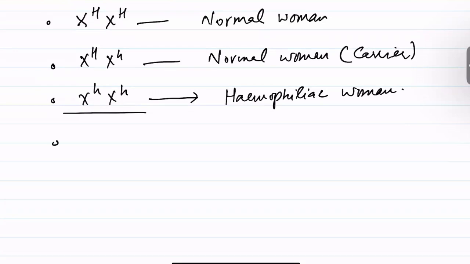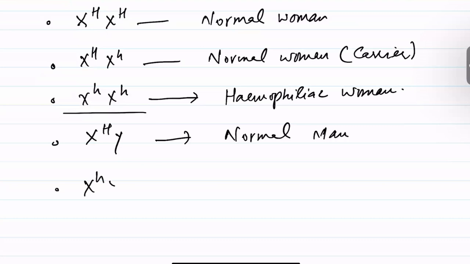In men, there are 2 possibilities. They can have X, H capital Y. This is a normal man. And they can have X, H small and Y. This is a hemophiliac man.